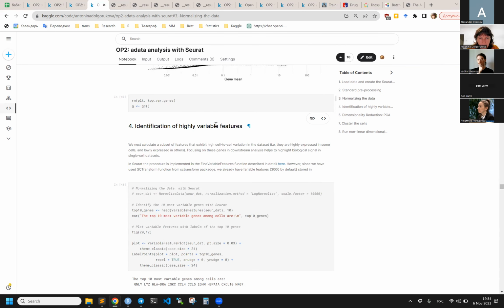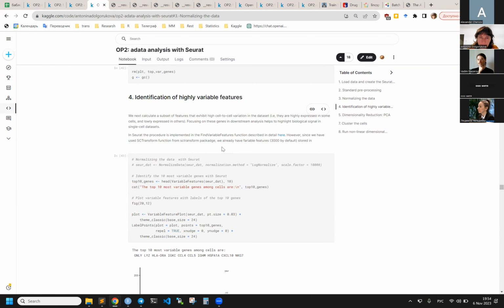So we now see what genes are most highly variable, meaning that the drugs affect them very differently. One drug lowers expression, another drug makes the expression higher.